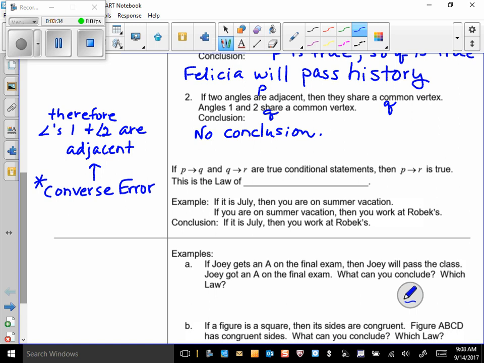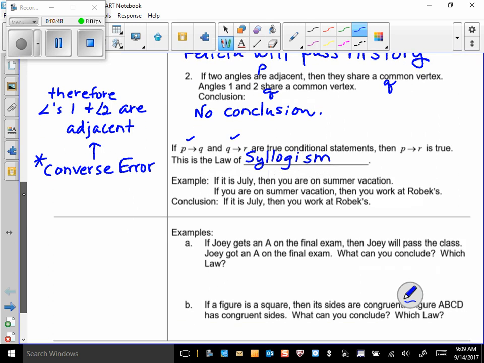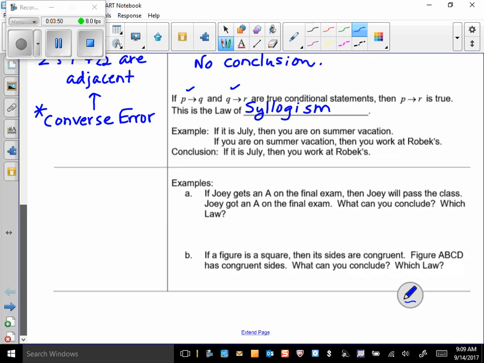If P then Q and Q then R are both true, then I can say that if P then R is true. This is called the law of syllogism. And here's what it looks like in practice. If it is July, so there's P, then you are on summer vacation. There's Q. If you are on summer vacation, so there's Q again, then you work at Robex.